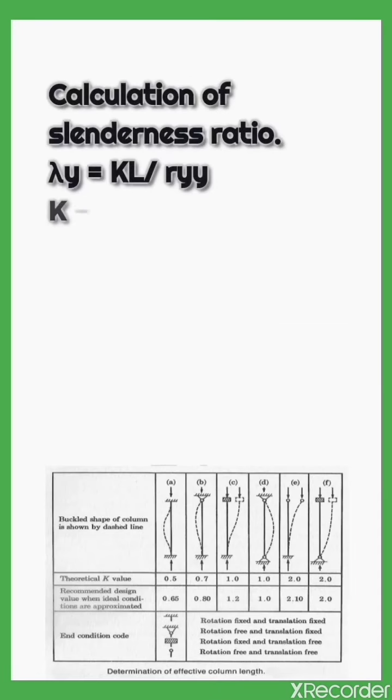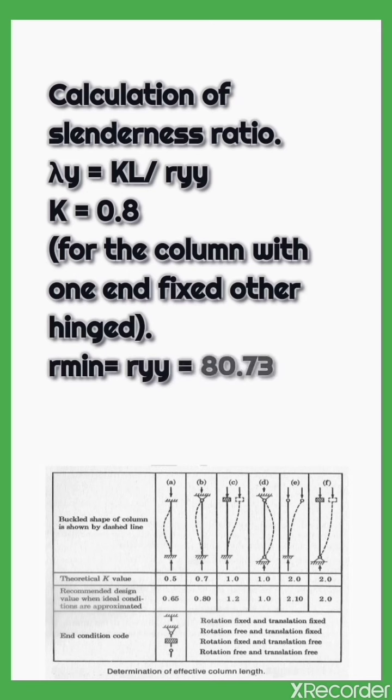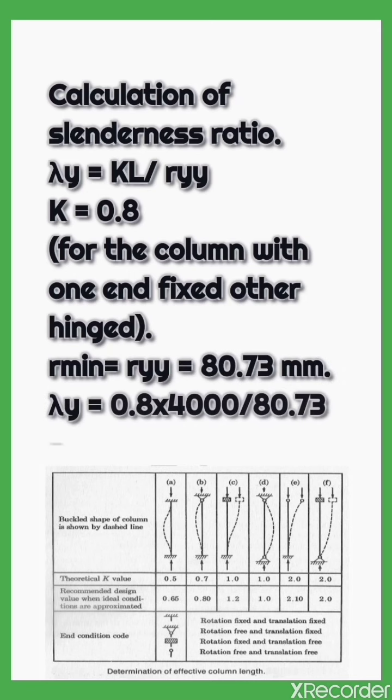Step 3. Calculation of slenderness ratio. Slenderness ratio about YY axis, lambda y equals KL by RYY. Here effective length factor K equals 0.8 for the column with one end fixed and other hinged.